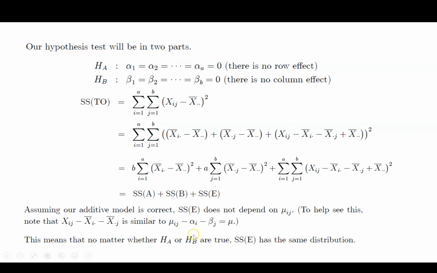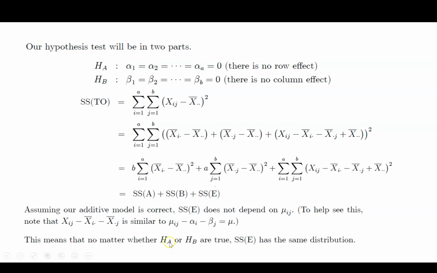And if we assume that our additive model is correct, that's just moving alpha sub I and beta sub j over to the left-hand side and leaving mu on the right-hand side. So there isn't a mu sub ij, it's just a mu over here. This is really just a computation of an individual observation and the mu piece. So again, there really isn't a mu sub ij in there at all.